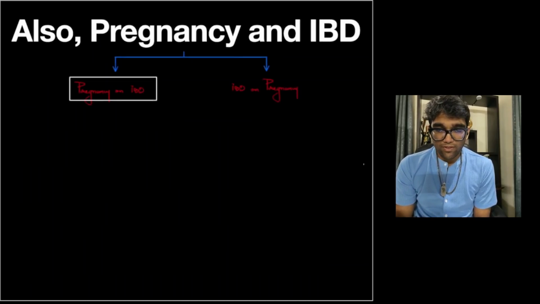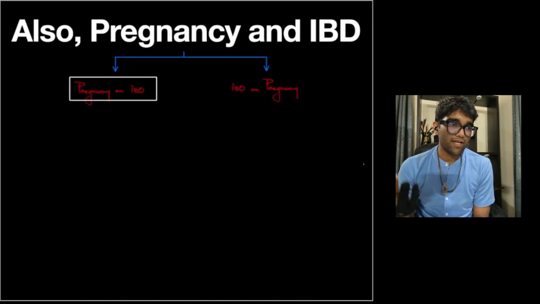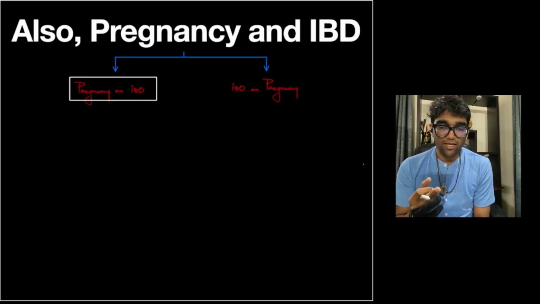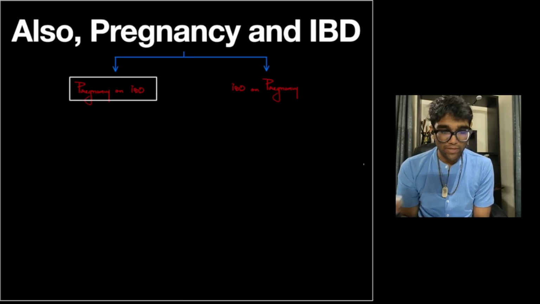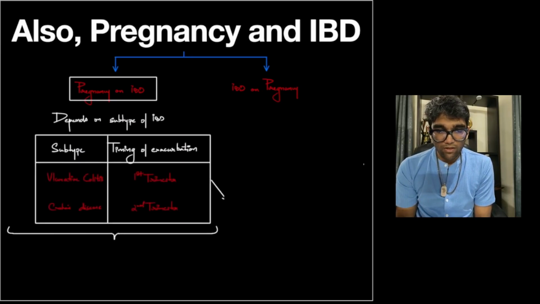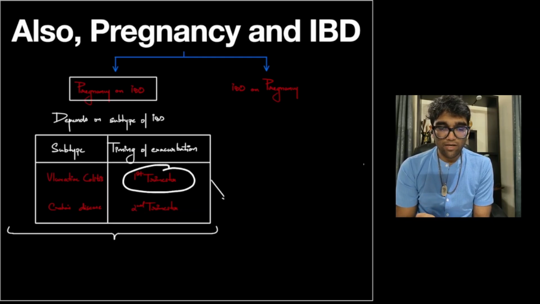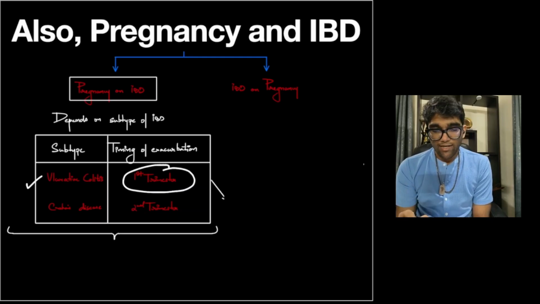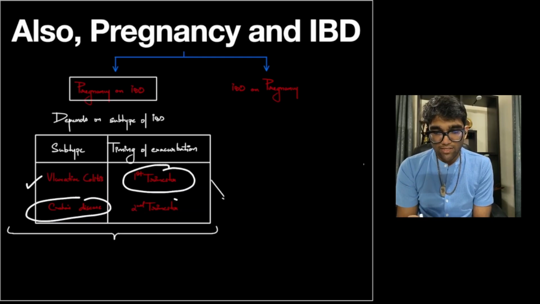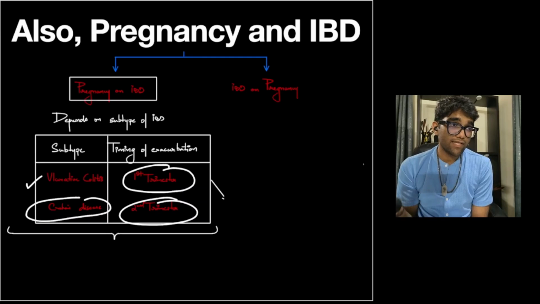Whenever we talk about pregnancy and any systemic disorder, we talk about how pregnancy affects the disorder and how the disorder affects pregnancy. So what is the effect of pregnancy on IBD? Essentially, in the first trimester, ulcerative colitis can exacerbate, and in Crohn's disease the exacerbation has been epidemiologically linked to the second and third trimesters.